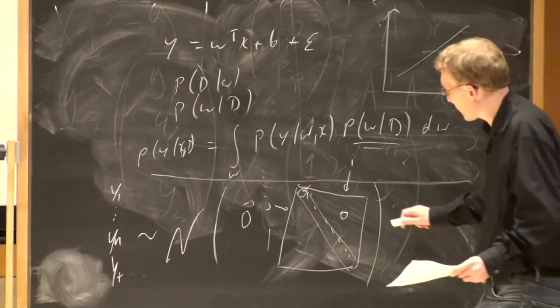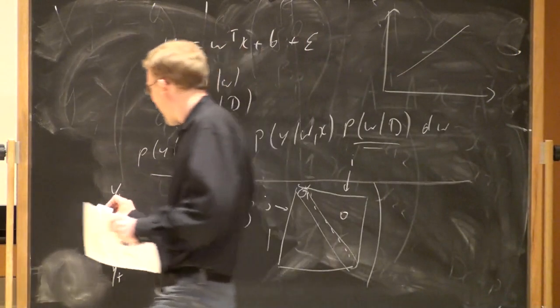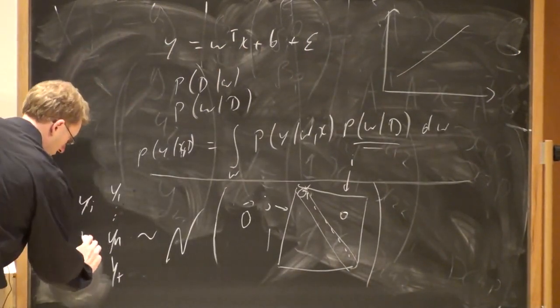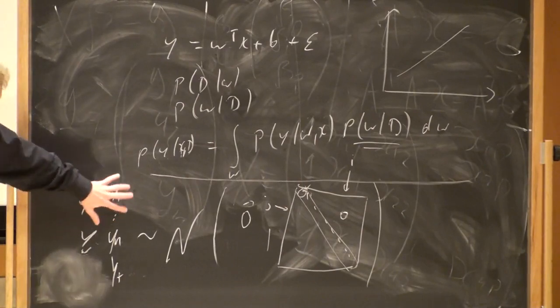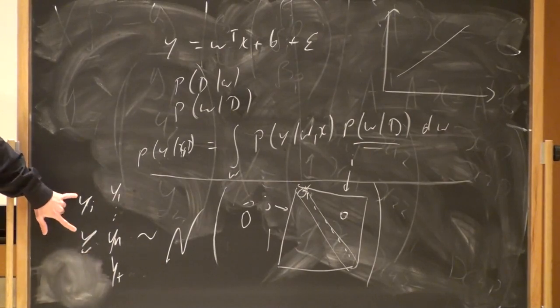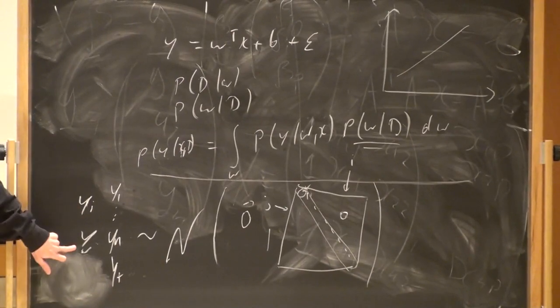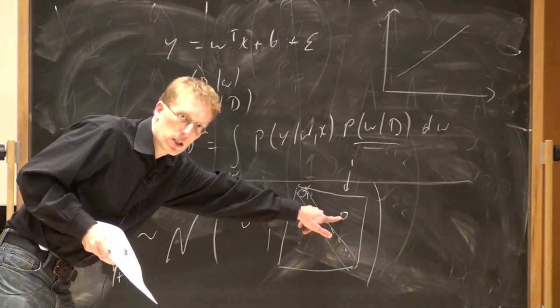So if the ij entry is a large value, then this means that if we draw a sample, yi and yj will always get roughly similar values, because they're correlated with each other. You can draw as many samples as you want, but these kind of go together. It will be very rare that one is large and the other one is small, because the ijth entry in the covariance matrix is large.